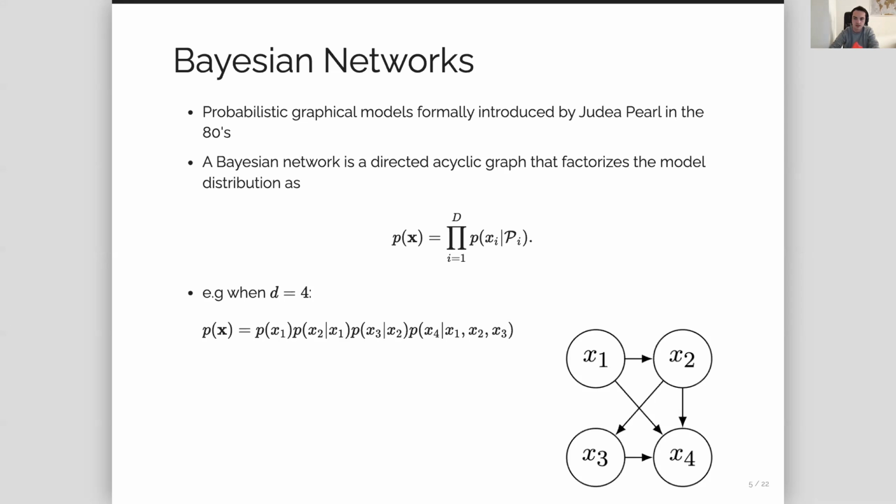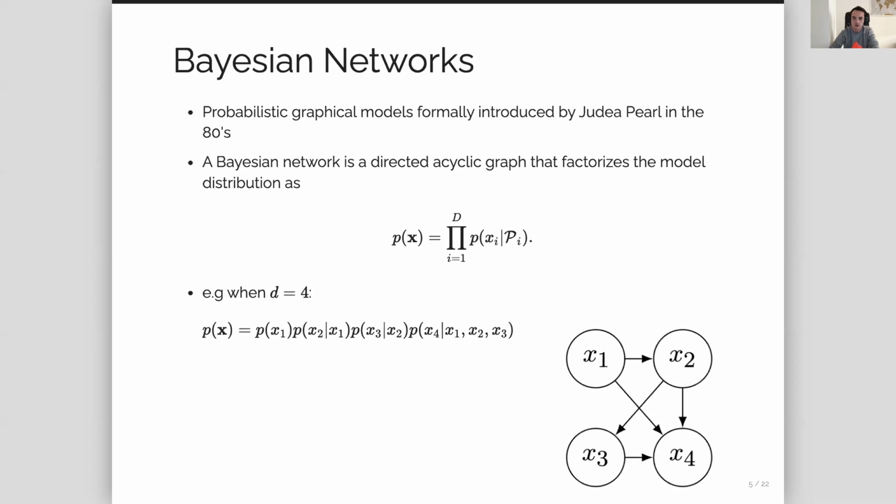These models visually depict, through a directed acyclic graph, the factorization of the distribution that you want to model. And we can read the graph to check whether or not some independencies are hypothesized by the model. For example, if we take a vector of dimension 4, we could assume the following Bayesian network because it could make sense for the data.